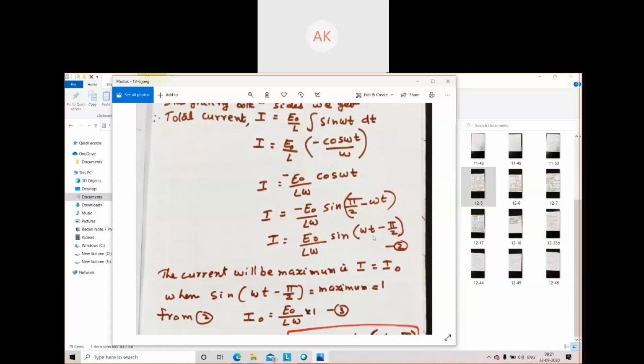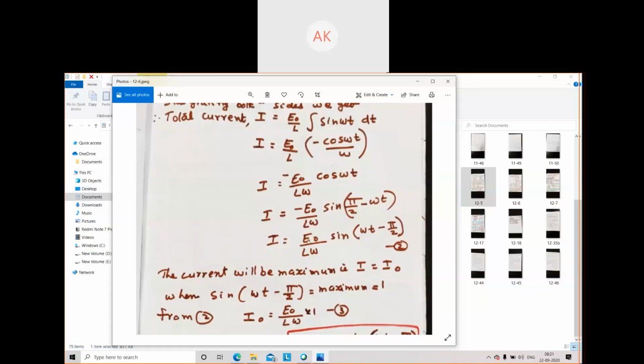The maximum value of sin is 1. When this is maximum, we get the peak value of current. So the peak value of current is represented as I0.